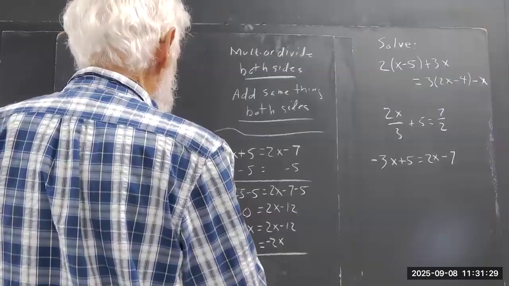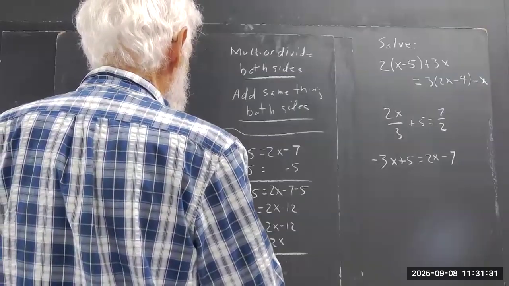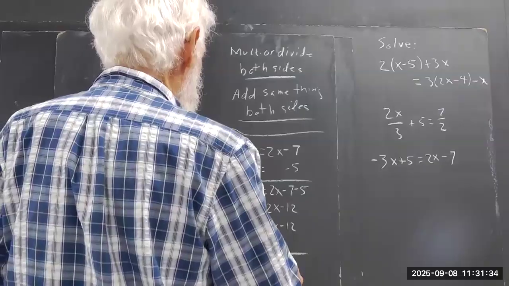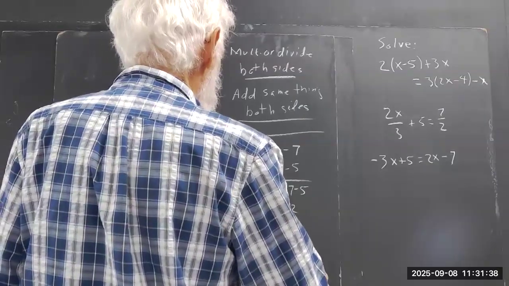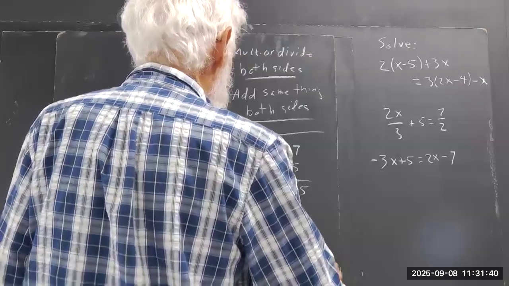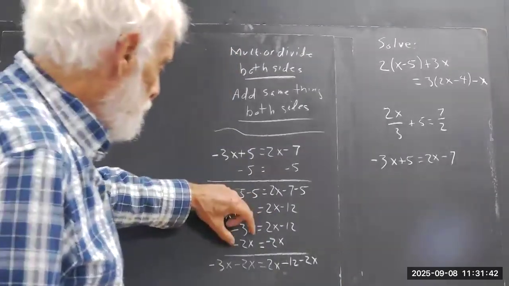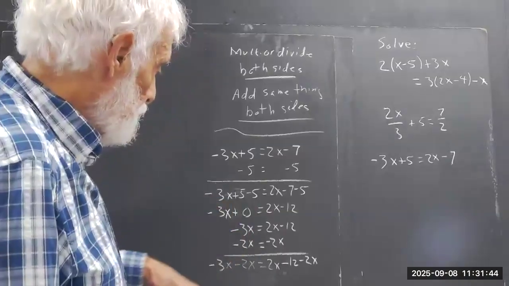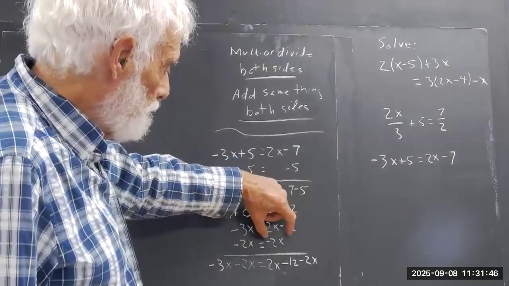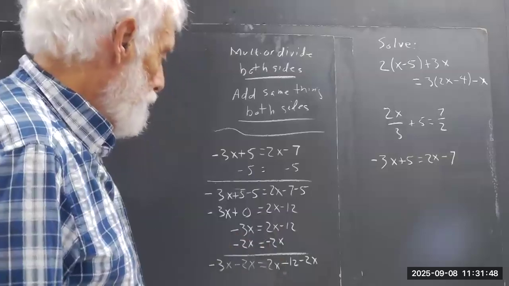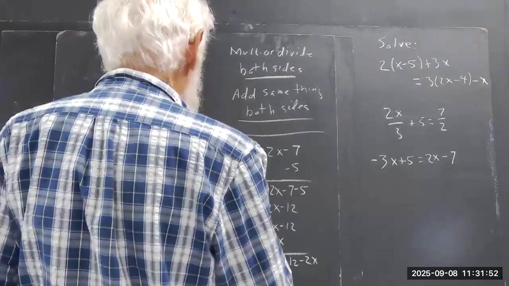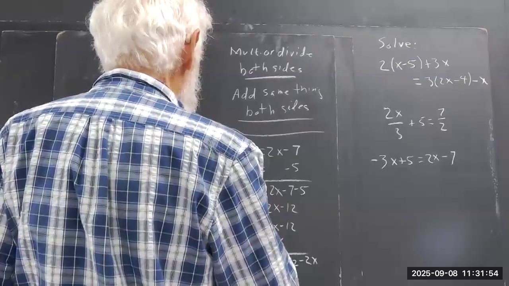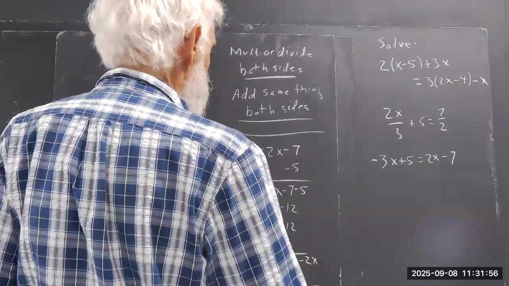As I said before, let's write out what this means to add these two equations. We have -3x minus 2x, that's one side. 2x minus 12 minus 2x. There it is. And of course, this gives us -5x equals 2x minus 2x is 0.